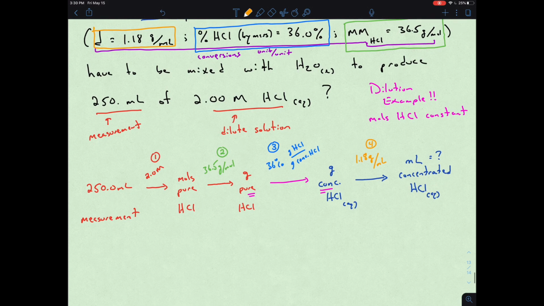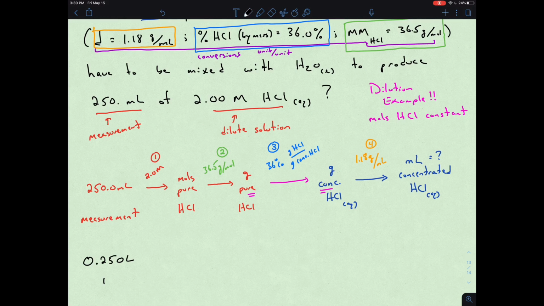So if I start, we would start with already doing a conversion here. I've already converted from my 250 to 0.25 liters.